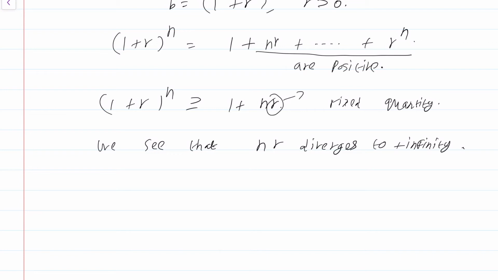This just means that nr can be made larger than any pre-specified number if n is large enough. In fact, you can precisely write down how large small n has to be for nr to be greater than some capital M in terms of small r. That is easy to do. So what this shows is 1 plus r power n also diverges to plus infinity.